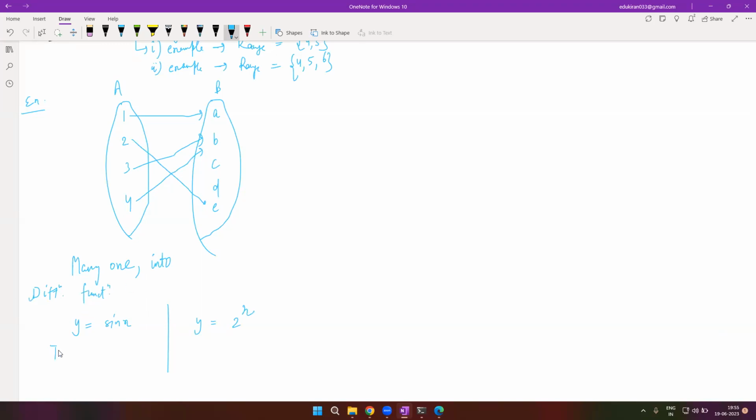This is trigonometric function. Then this is exponential function. These all we have covered in class 11. So please go through your NCERT once. You'll be able to have a better idea about what I'm saying right now. And then this is y equals log x to the base e. This is your logarithmic function.